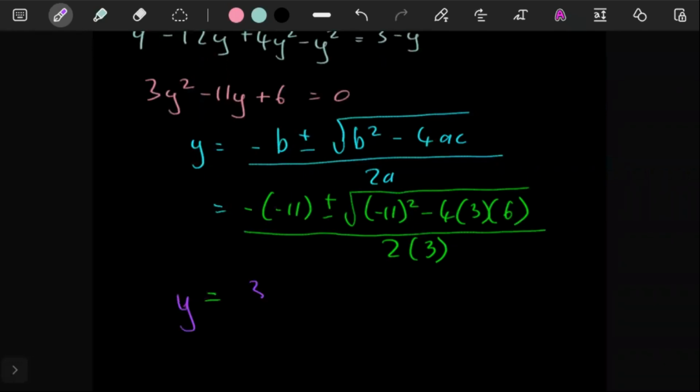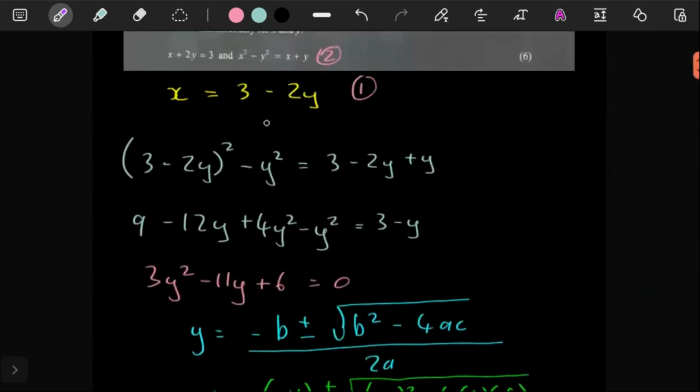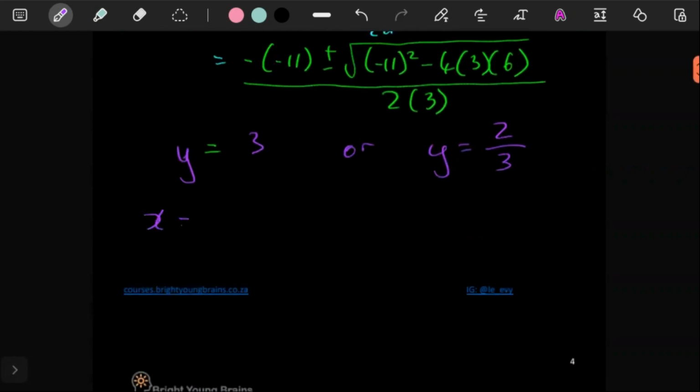This is a bit reassuring because imagine getting a weird number here. That would be very discouraging. The other number is 2 over 3. So those are nice normal numbers to be getting, and that gives us more peace. Here we can see x is equal to 3 minus 2y.